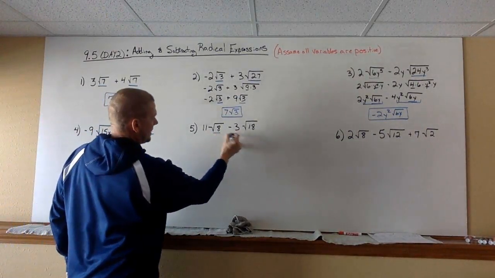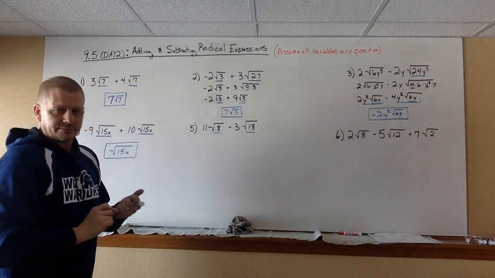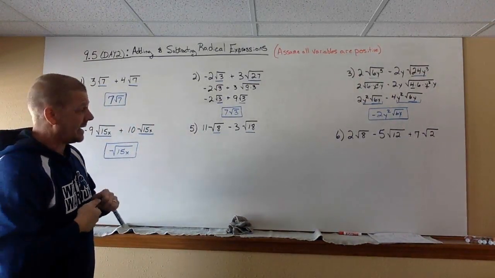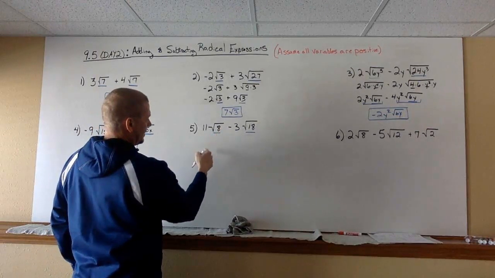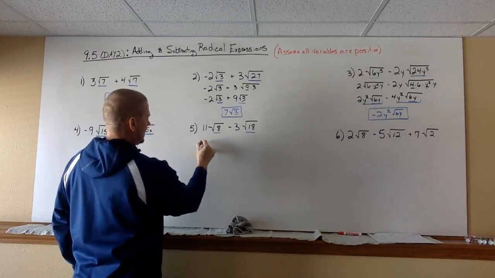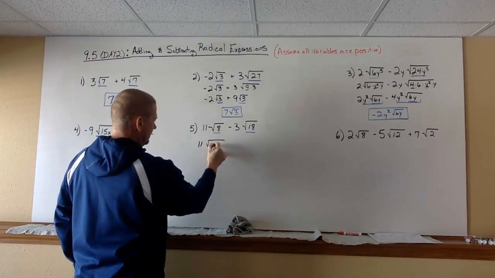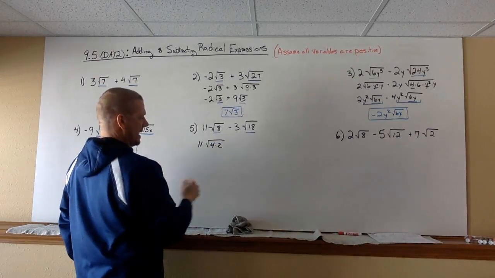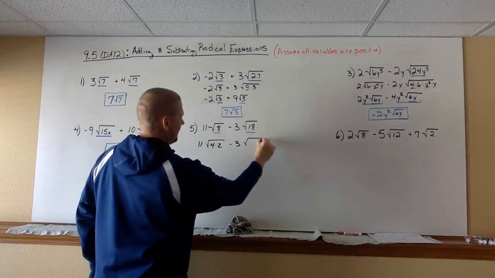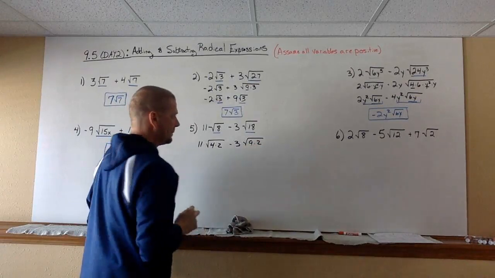Number 5, square root of 8, square root of 18. They're not the same. I need to get them the same. So when I'm looking for perfect squares, I see this is technically 11, 4 times 2 gives me my 8, minus 3, 9 times 2 gives me my 18.